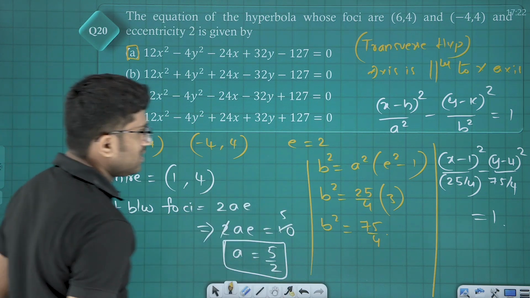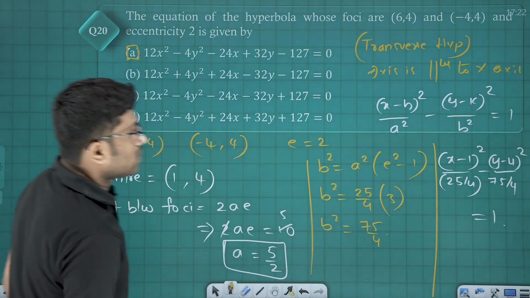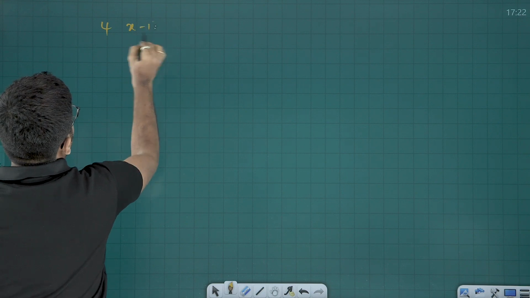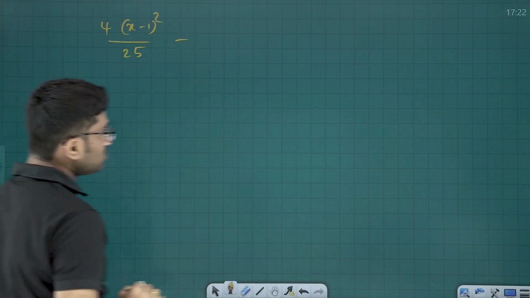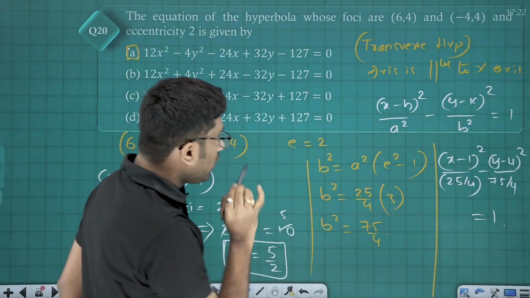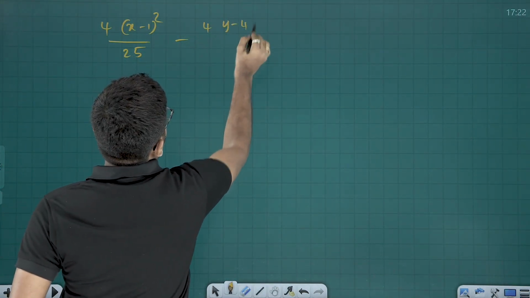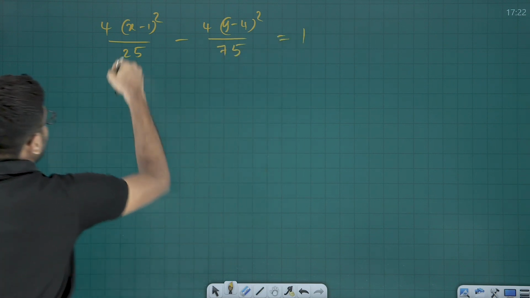We can just simplify it in the easiest way. How? We have x minus 1 whole square by 25 by 4, no? So that becomes 4 times x minus 1 whole square divided by 25 minus 4 times y minus 4 whole square divided by 75 is equal to plus 1.